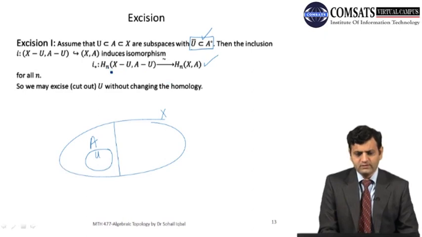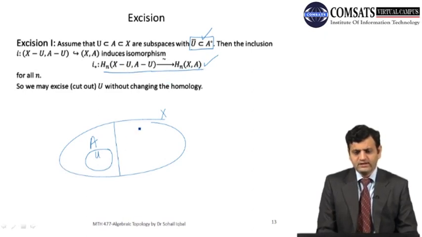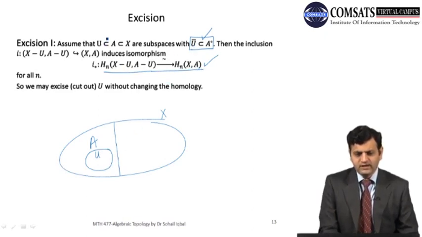The relative homology of X minus U, A minus U is isomorphic to the relative homology of X, A. In other words, we can excise, or cut off, a subset U of A, which is also a subset of X, if the closure of U is contained in the interior of A. If this condition is satisfied, then we can cut off this set U, and the relative homology will be isomorphic.